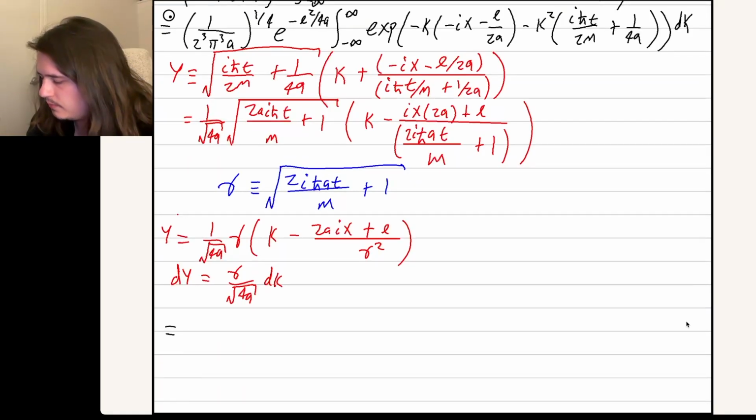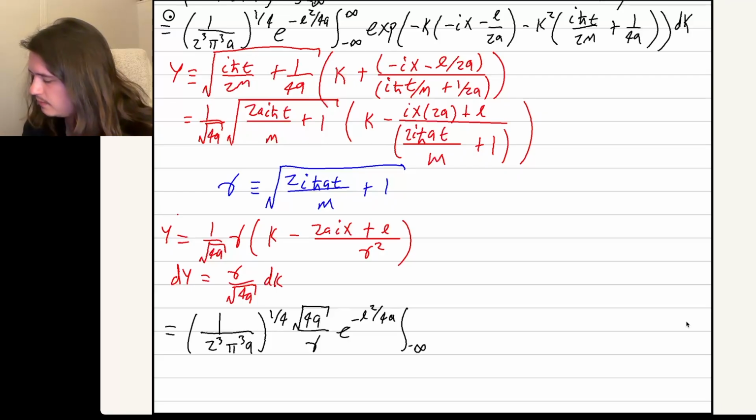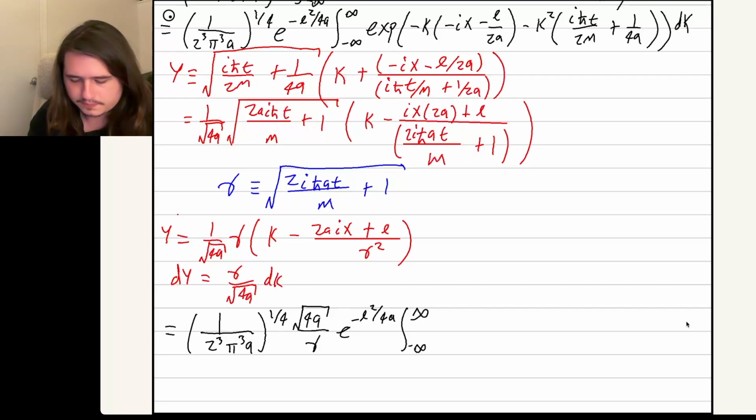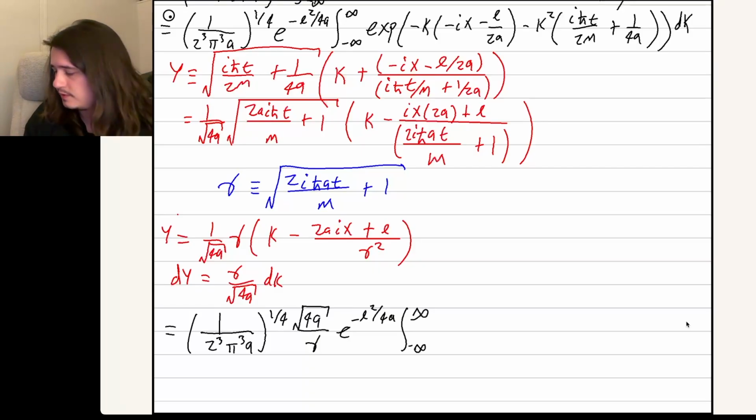So we have 1 over 2 cubed pi cubed a all to the 1/4, and then it's multiplied by 4a over gamma to change the variables over. We still have the e to the minus l squared over 4a. This integral is going to look really weird because it's just going to be e to the minus y squared dy.